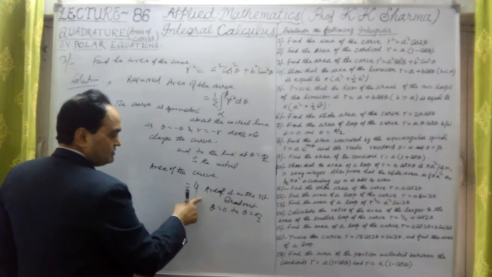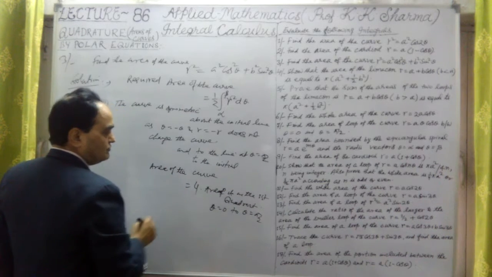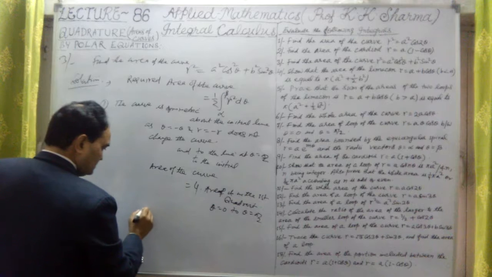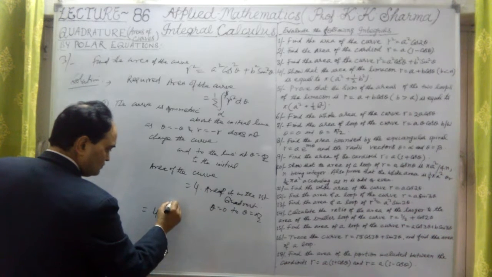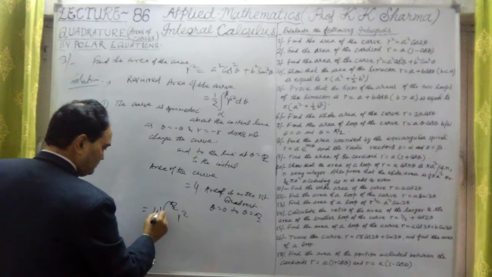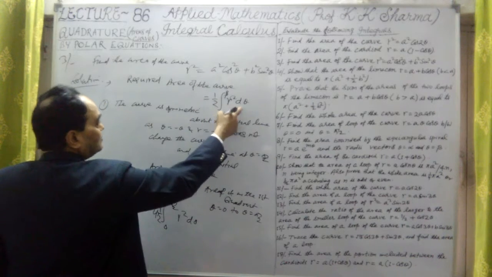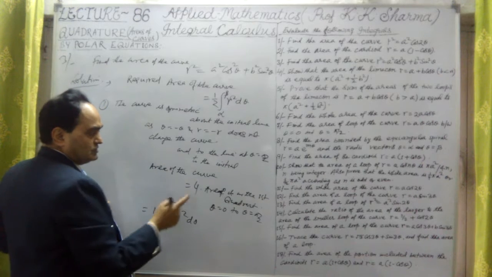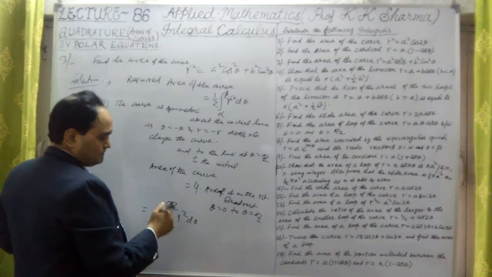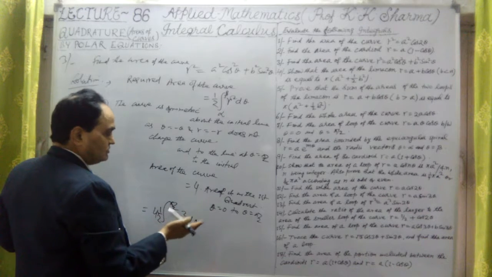If I multiply it by 4, it will give us the total area of the curve in all the 4 quadrants. This area is therefore 4 into integral from 0 to pi by 2 of 1/2 r square d theta. We have substituted alpha as 0 and beta as pi by 2, because this curve is symmetric to the line theta equal to pi by 2 as well as the initial line.